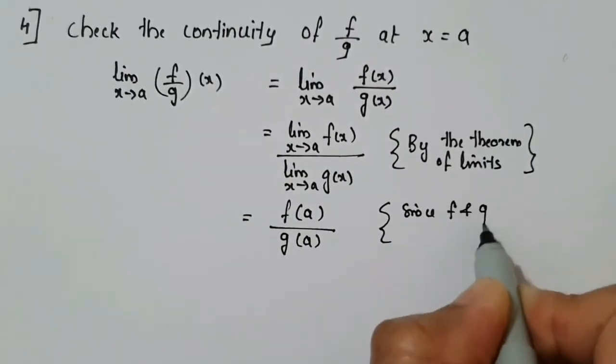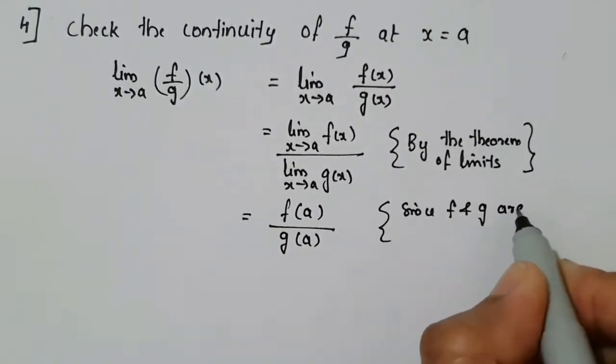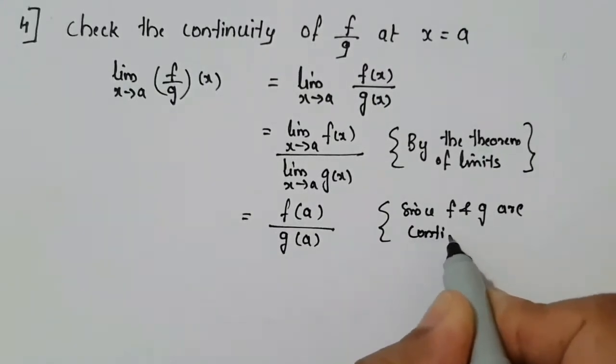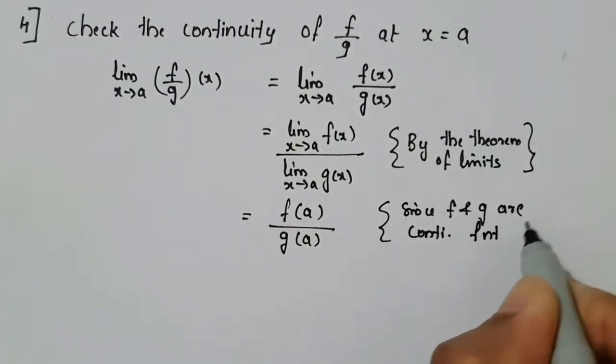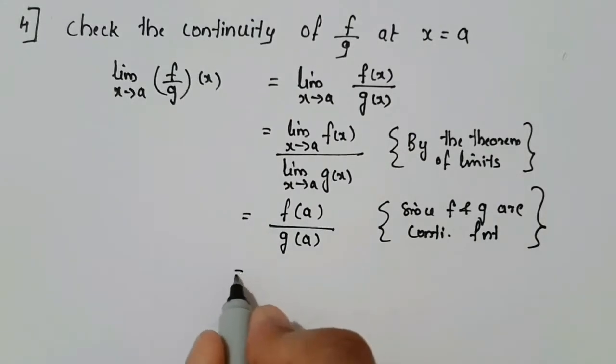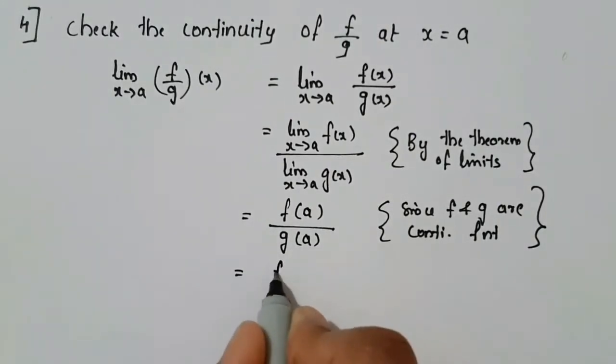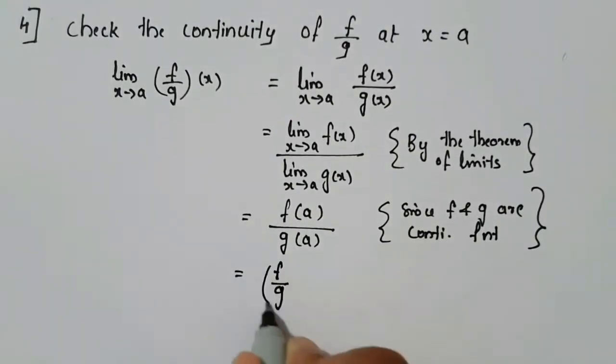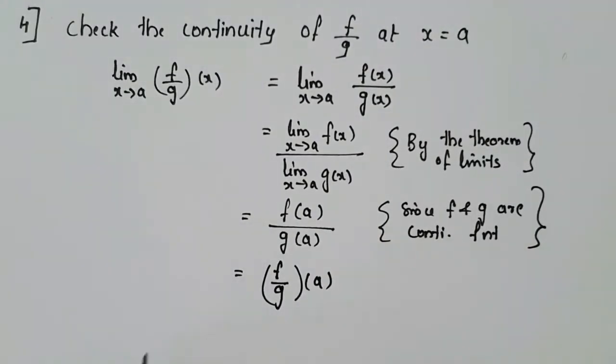Since f and g are continuous functions, this is equal to (f by g) of a.